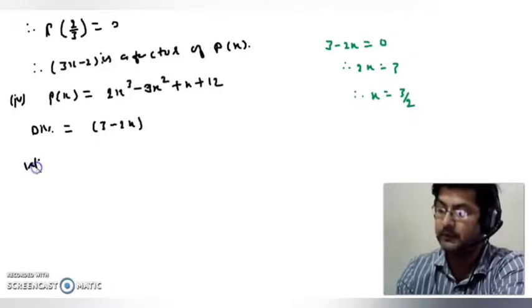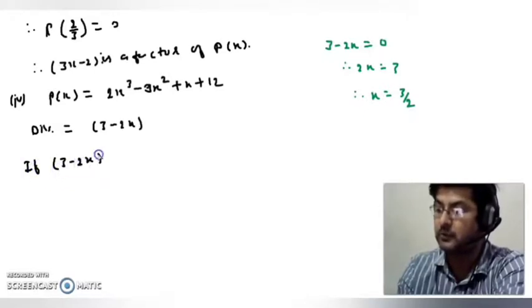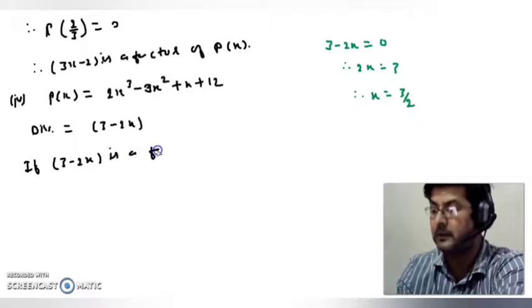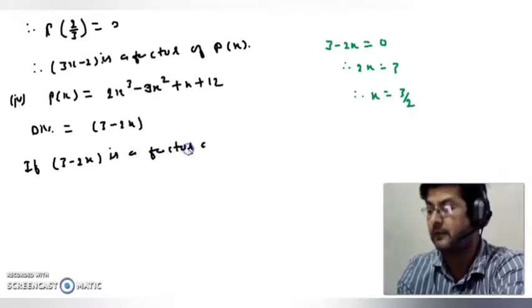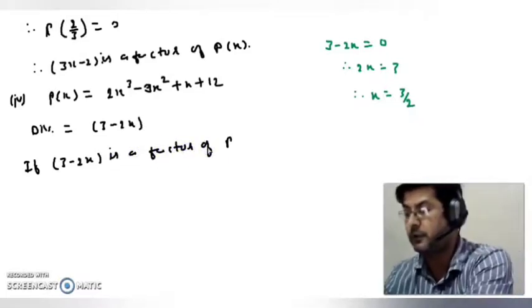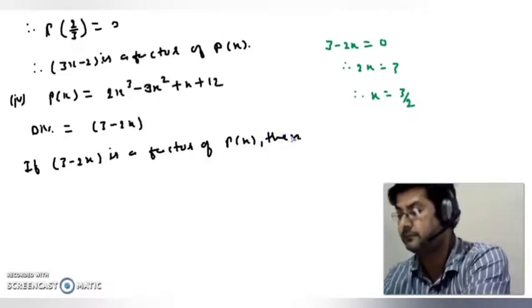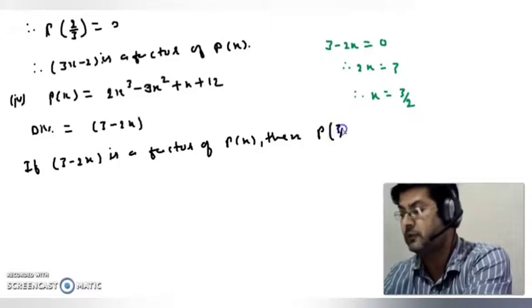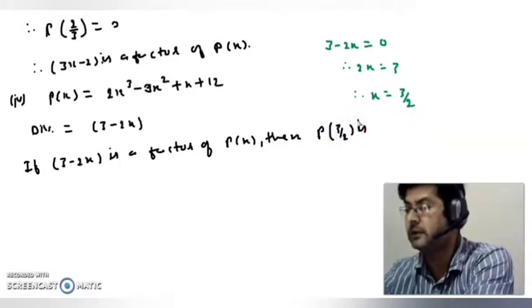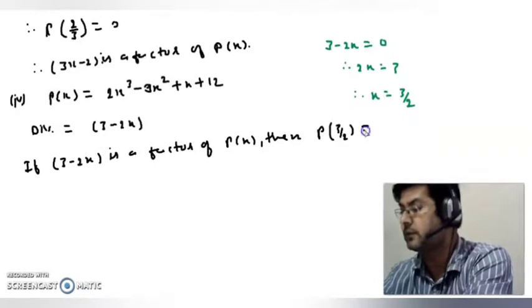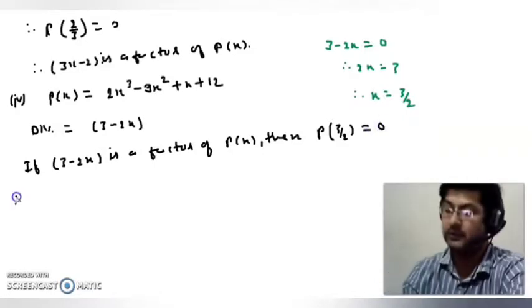So if 3 minus 2x is a factor of P of x, then P of 3 by 2 is equal to 0. Okay, so let us find out.